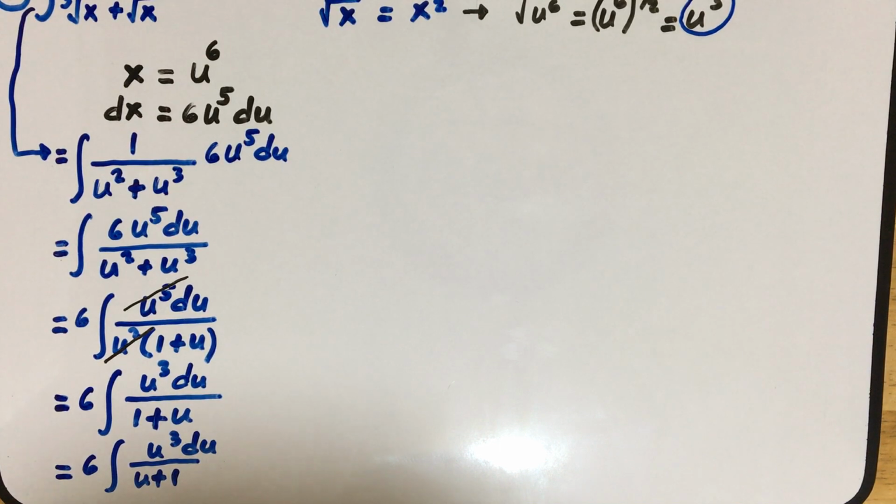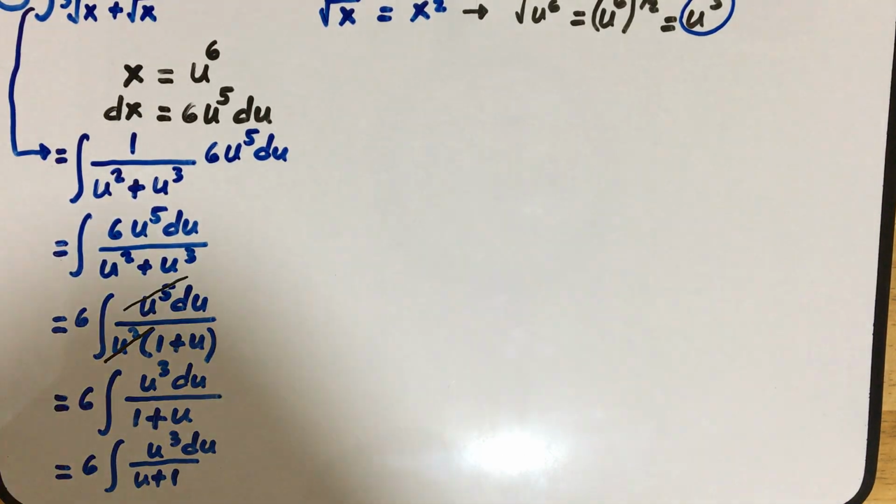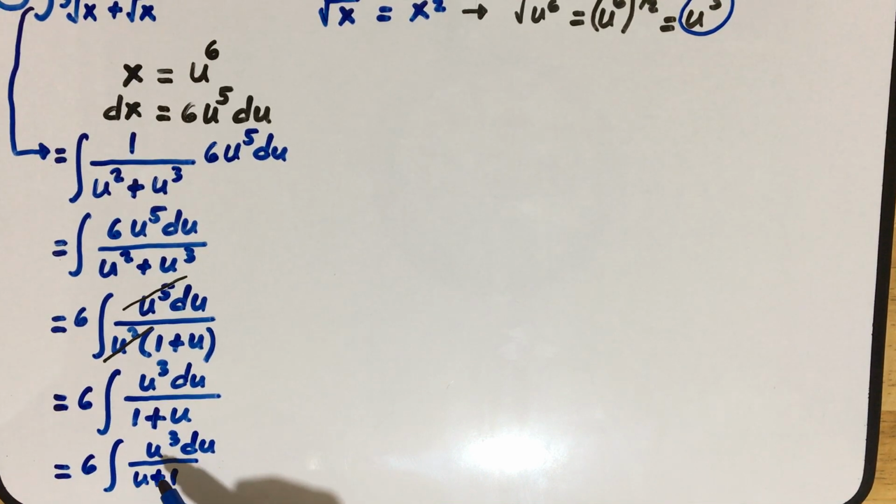Now, as you can see from this, we cannot apply the integration of rational fractions yet. Since this is an improper fraction, we can use that technique only if the degree at the numerator is less than the degree at the denominator.